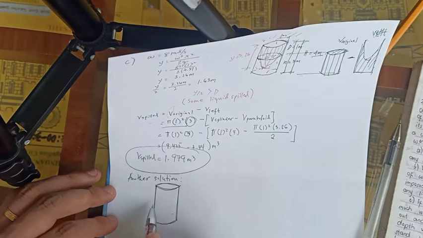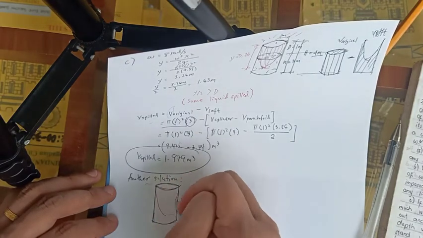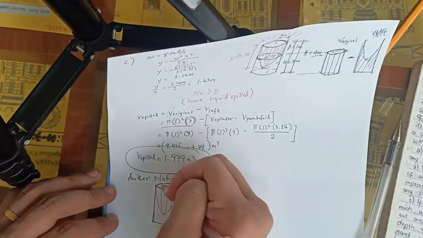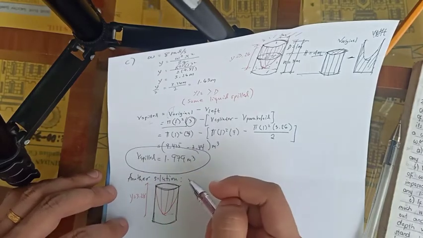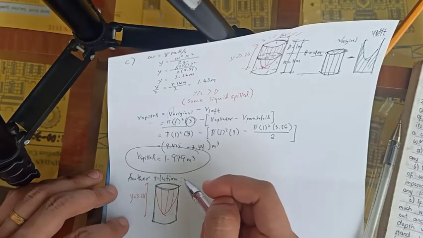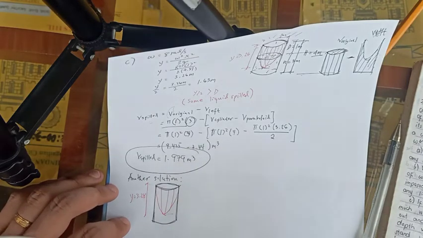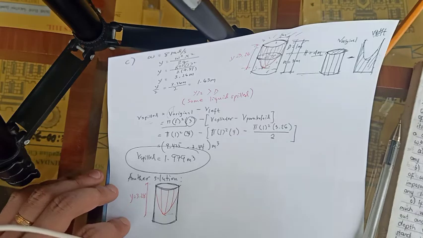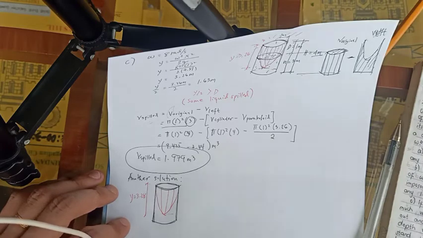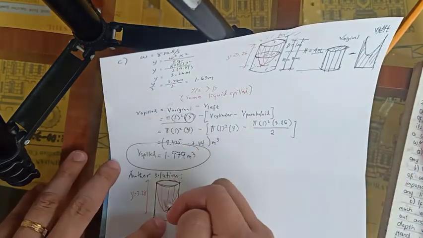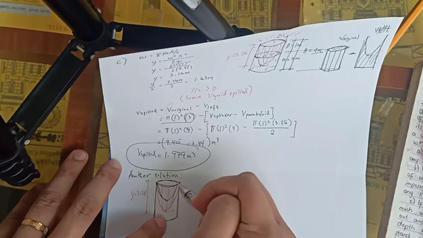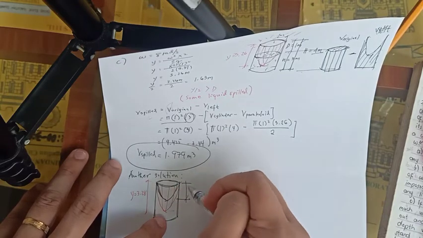So, given that y is 3.28, and we already solved that y equals 2.